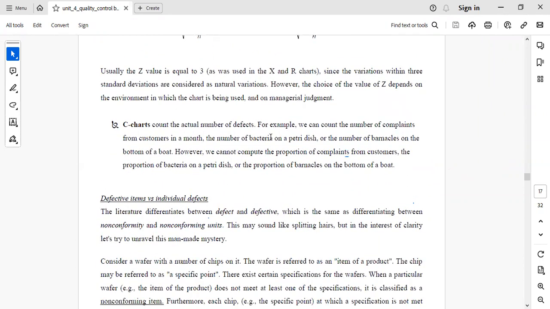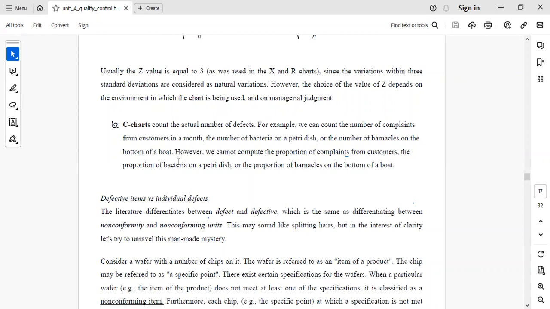So C charts, again here, you count the actual number of defects. For example, you can count the number of complaints from customers in a month, the number of bacteria in a petri dish, the number of barnacles on the bottom of a boat. However, we cannot compute the proportion of complaints from customers.